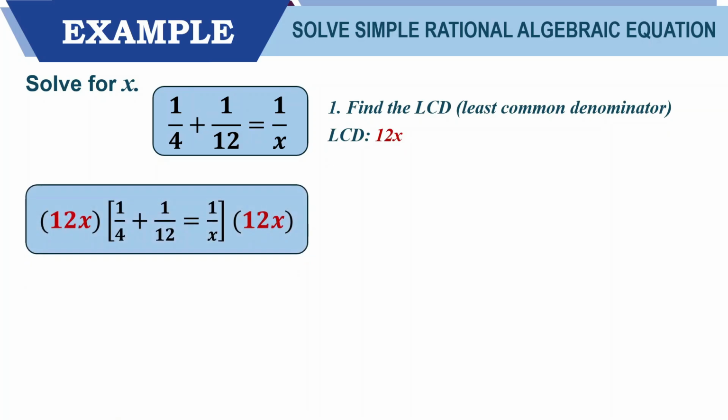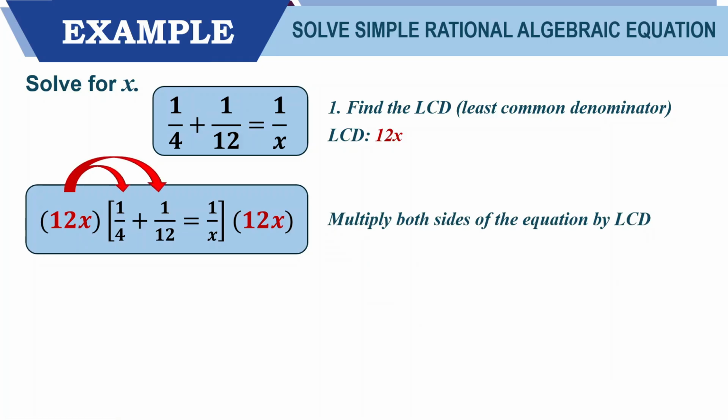So if we multiply the whole equation by 12x, we'll be able to cancel all the denominators. But of course, that will also change our numerators. So 12x divided by 4 is 3x times 1. And then 12x divided by 12 is x times 1 is x.